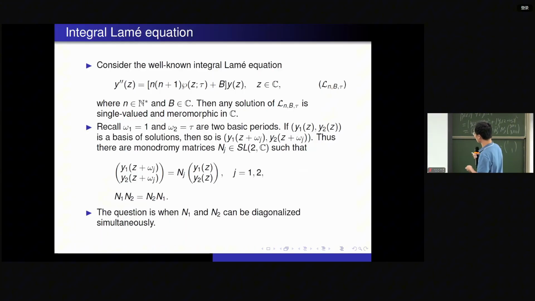So we consider the Lamé equation not necessarily coming from the elliptic PDE. That is, we consider any B. Then you ask when the monodromy matrices N1, N2 can be diagonalized.